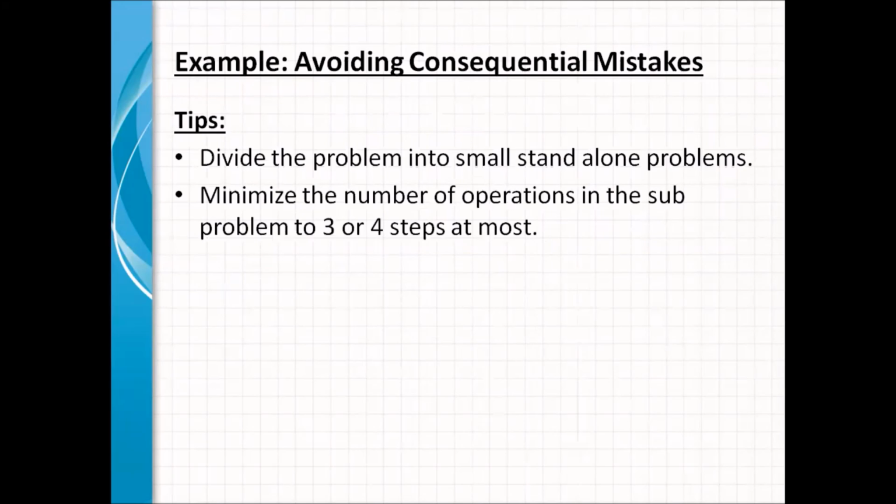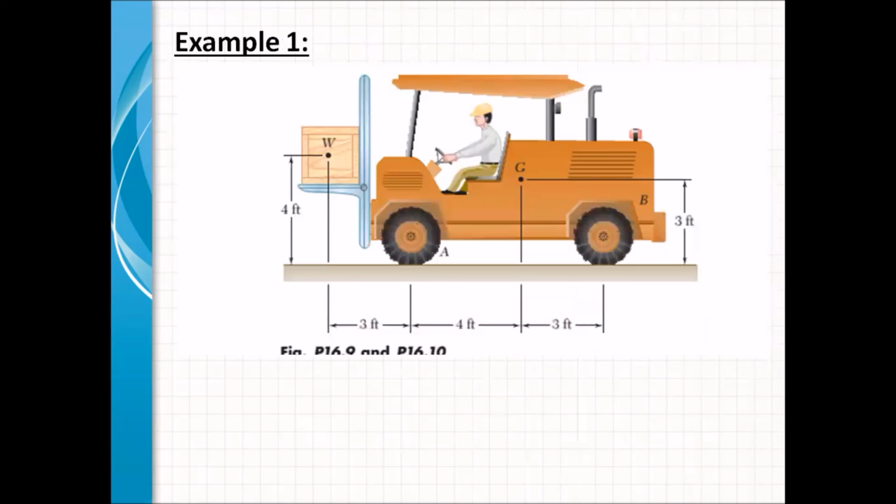First, we have to divide the problem into small standalone problems, so we don't deal with the whole problem together. No, we divide it into steps and deal with each step or each phase as a standalone problem. We need to minimize the number of operations in each sub-problem, to minimize the chance of consequential errors.